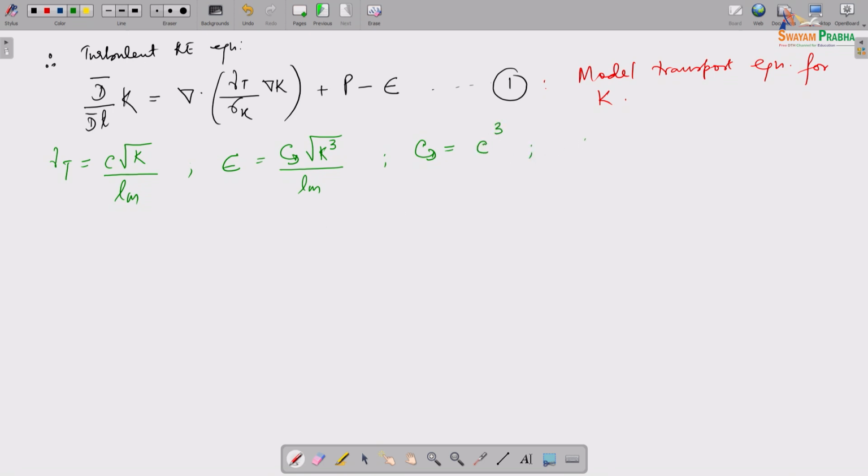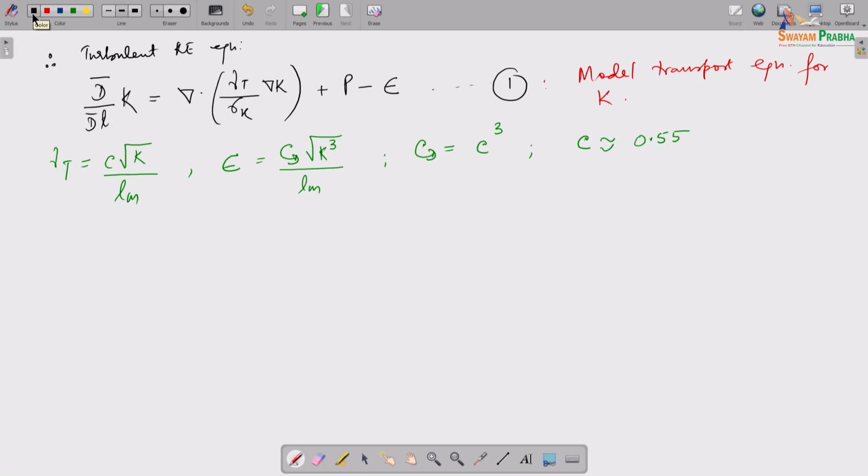Okay, all right. Now, so that's about the model transport equation for K.